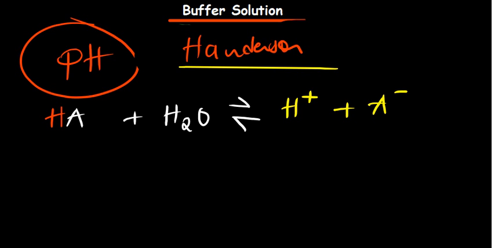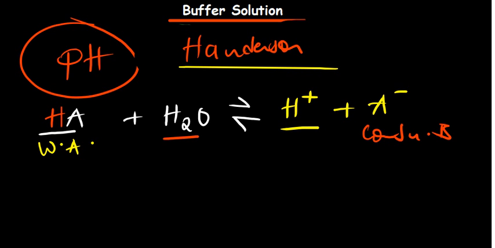On the left hand side, the species attached to the hydrogen is our weak acid, then this is water, this is a proton, and this is going to be the conjugate base. So this is what we have in our equation.